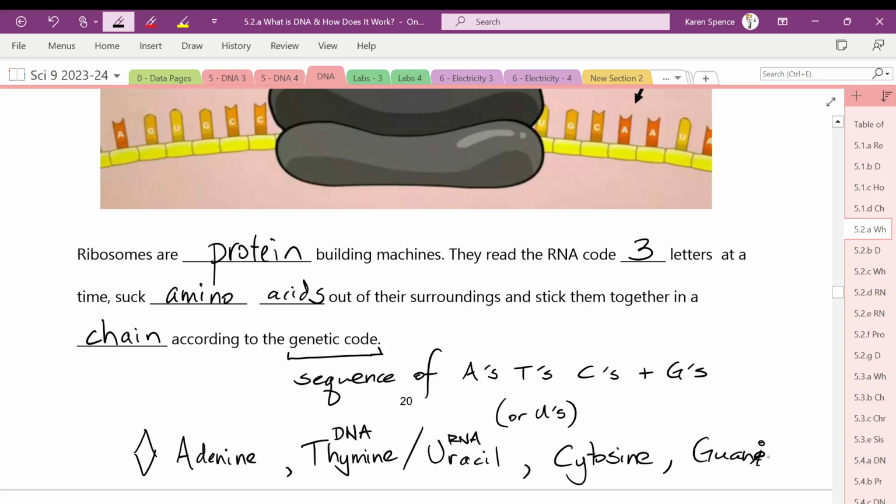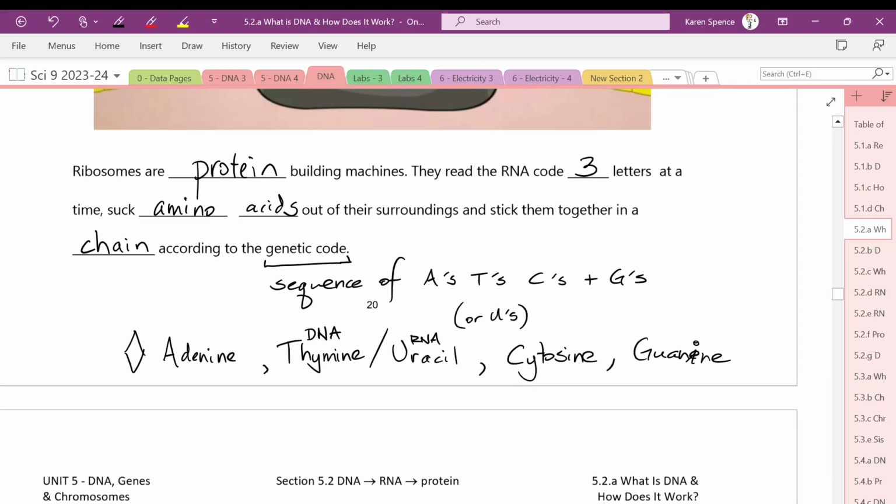Okay. And remember, you don't need to know all the big long names. You can just go with A, C, T, G.